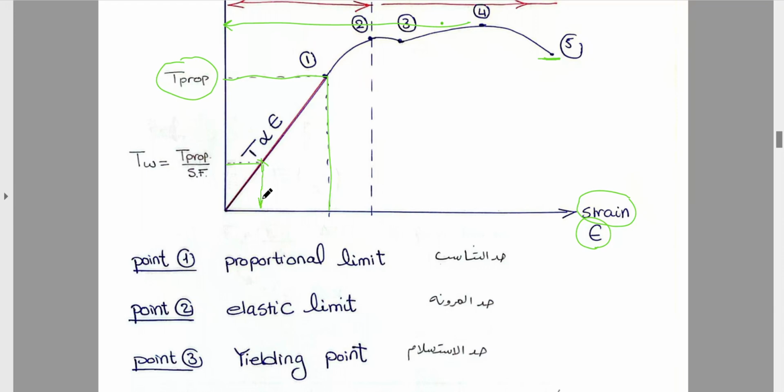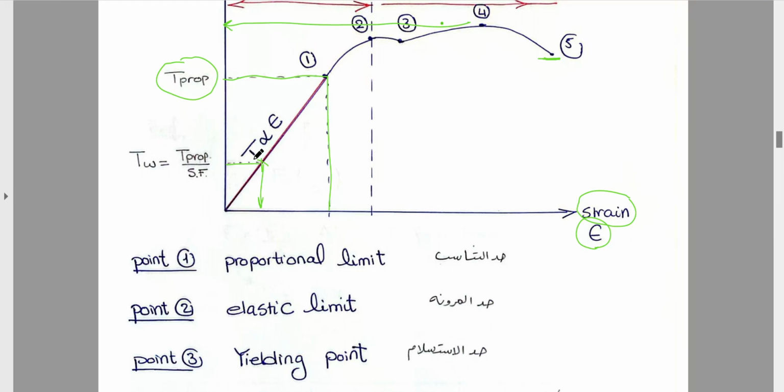For safety, according to the proportional limit over the safety factor. If I have a safety factor of 3 and a proportional limit of 100, so I'm working at a point 100 over 3.